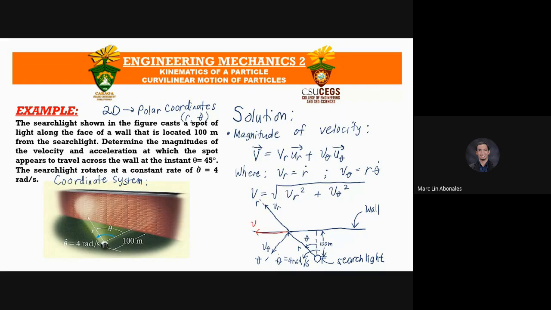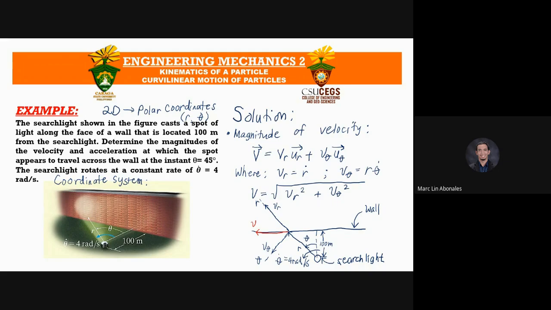So this part we will use to identify the equation for r, because r is what we need to find in order to determine v_r and v_theta, or the radial and the transverse components of the velocity.